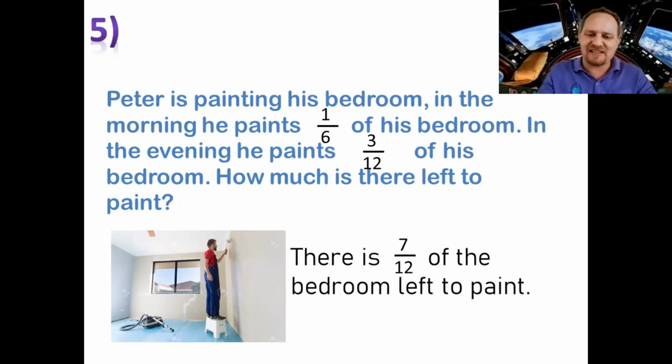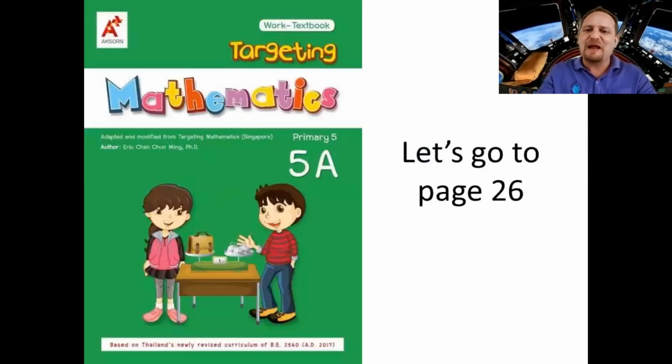Excellent. Well, I know how much you love quizzes and bonus points. So without further ado, guys, let's go to page 26. On page 26, you will see there are 4 questions. But question 1 has a part A and part B. Therefore, altogether, we have 5 questions.